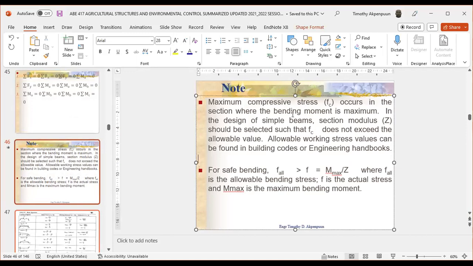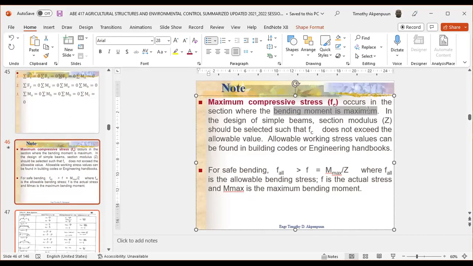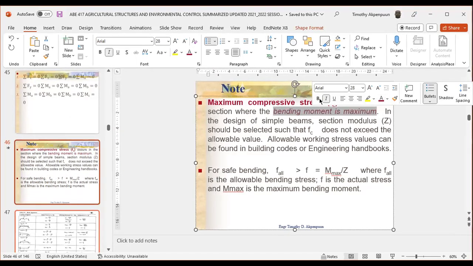So just let us note what we have here. He says, maximum compression, FC, occurs in the section where the bending moment is maximum. You understood? Maximum compression occurs where the bending moment is maximum.